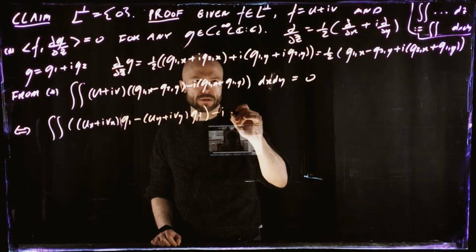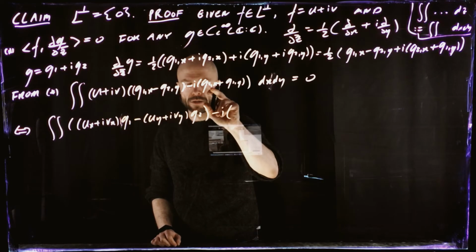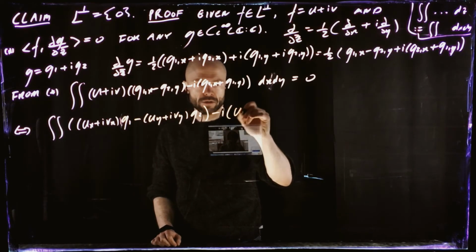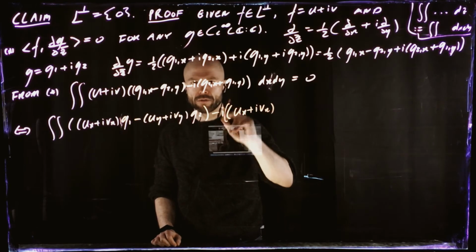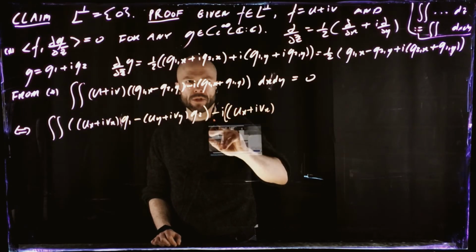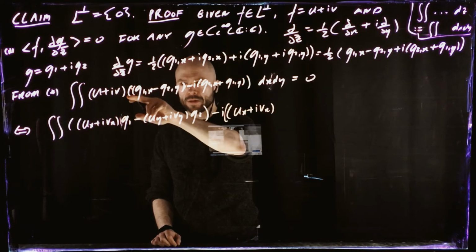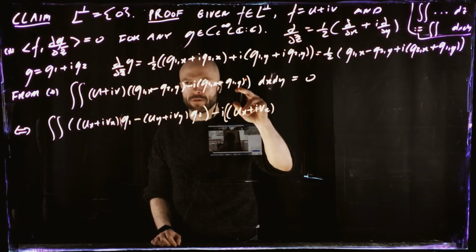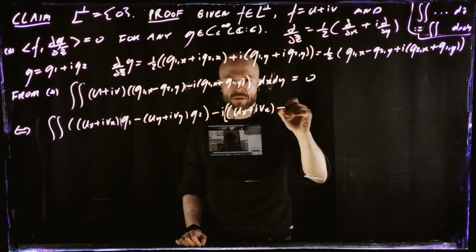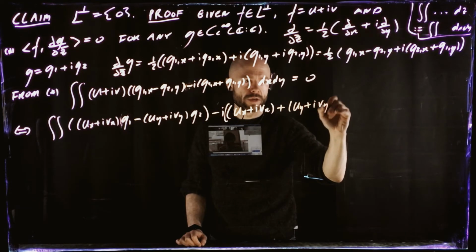Minus I. And now we've got this character here. We're going to put the x on the u, so u of x, v of x, around everything. And then we put the y on everything, and then the sign remains positive in this case, so plus u of y, v of y.